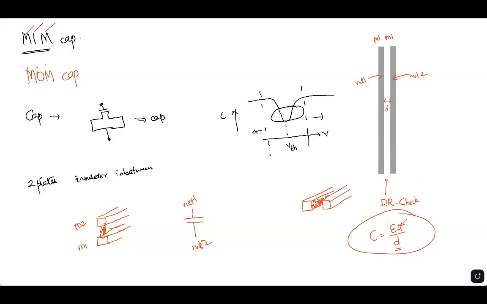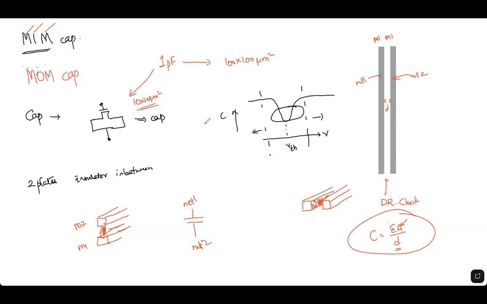The capacitance that we realize using the metal capacitance can be slightly lower in density, meaning it requires a large area to realize. Let's say you want to realize 1 picofarad of capacitance. By using a MOSFET, you may be able to realize it in, let's say, 10 by 10 micrometer square area. For the metals, with the MIM cap, if we have to realize the same 1 picofarad capacitance, you may require 100 by 100 micrometer square of area.